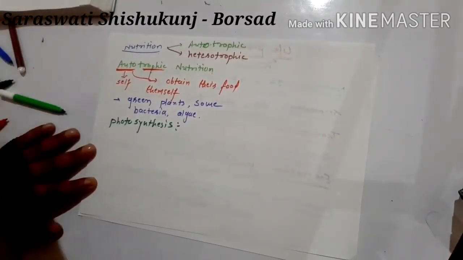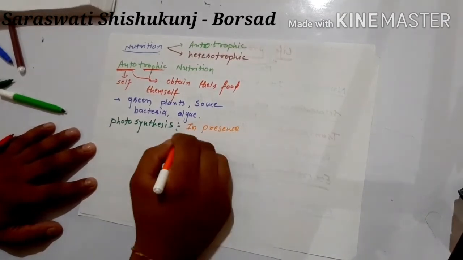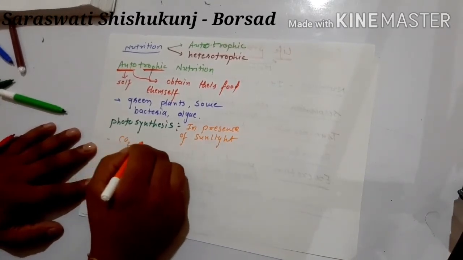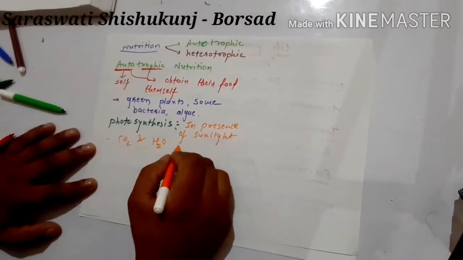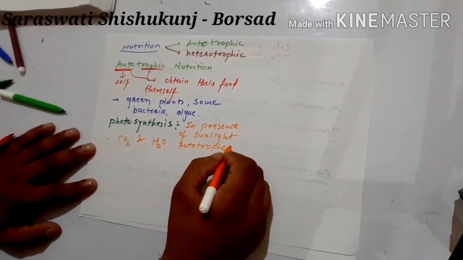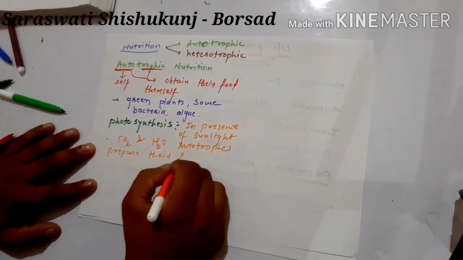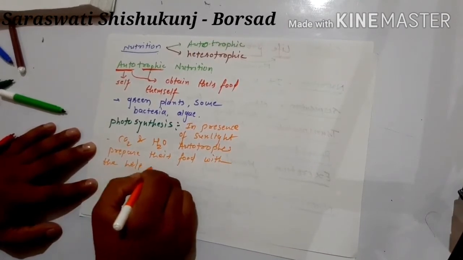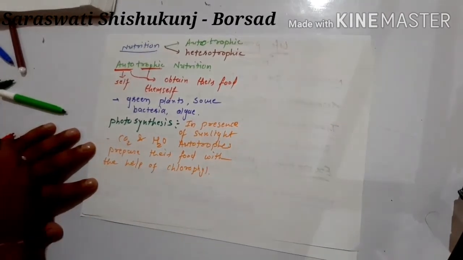Now, what is this process of photosynthesis? We can write photosynthesis like this: in presence of sunlight, by using carbon dioxide and water, autotrophs prepare their food with the help of chlorophyll.